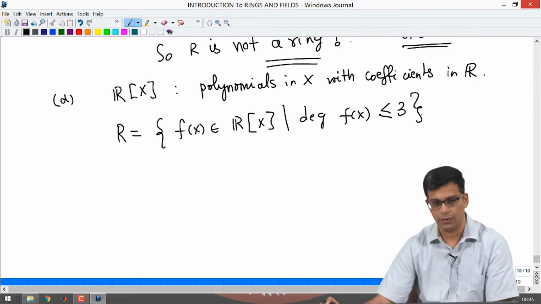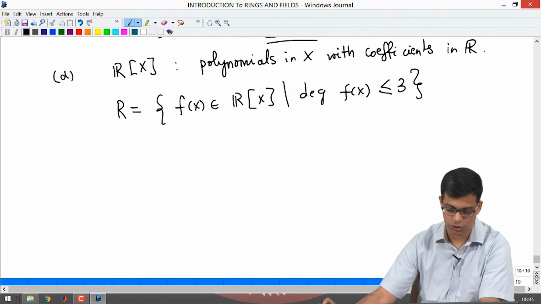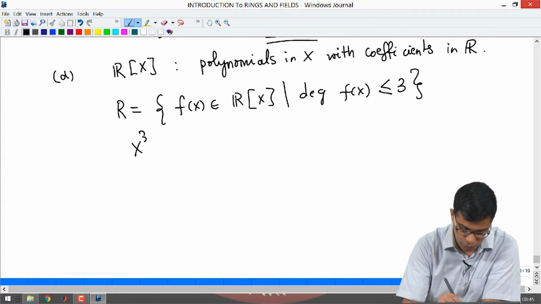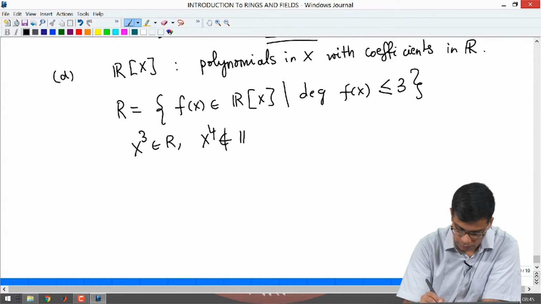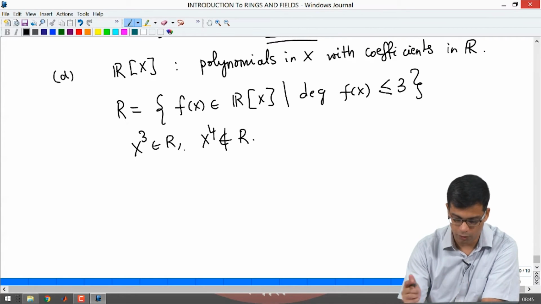Okay. So, here I am taking all polynomials whose degree is at most 3. For example, x cubed is in R, x power 4 is not in R, right. So, x power 4 has degree 4, so it cannot be inside R.